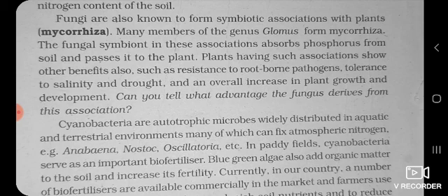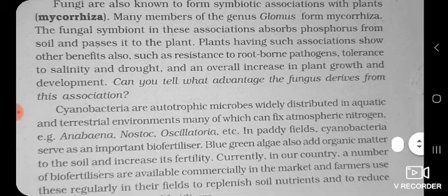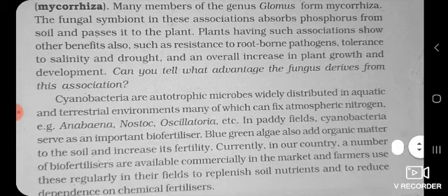So these fungi which belong to the genus Glomus, called mycorrhiza, show association with the roots of the plant. These fungi absorb phosphorus and give it to the plant, and the plant which has association with the fungi also has the benefit that it is resistant to root-borne pathogens, meaning pathogens which are present in the root part of that plant generally cannot affect it.